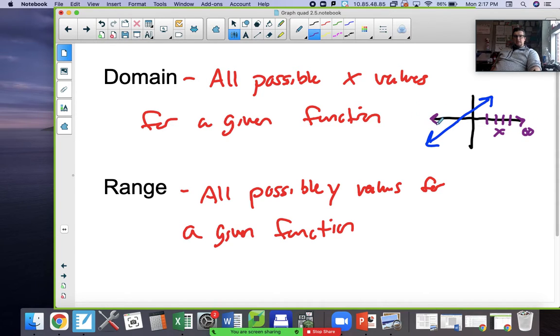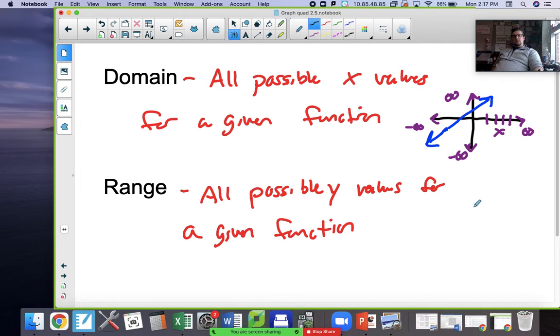It'll cross every negative x value all the way to negative infinity. There's not a single x value that it's going to miss. It doesn't skip over one section of the x's where there's nothing there. Every single x is a possibility. And that would be true of our y values as well. It's going to continue growing all the way to positive infinity, and it's going to keep growing to negative infinity.